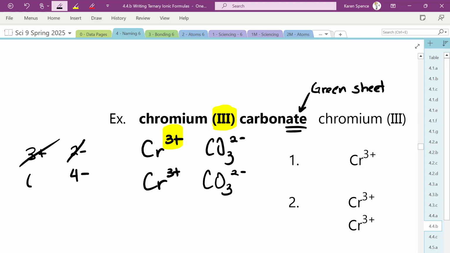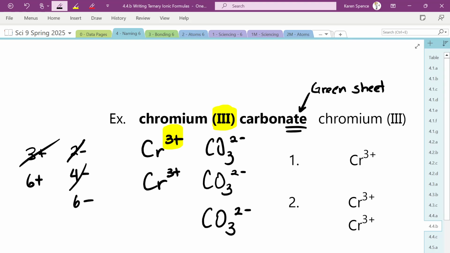That gives me 6 positive. Now I don't have enough negative. And you could think, oh my gosh, am I going to be here forever trying to get it done? No, because this last CO3 2 minus will take us to 6 minus. So really, usually the biggest numbers you're going to get are going to be 3 and 2.